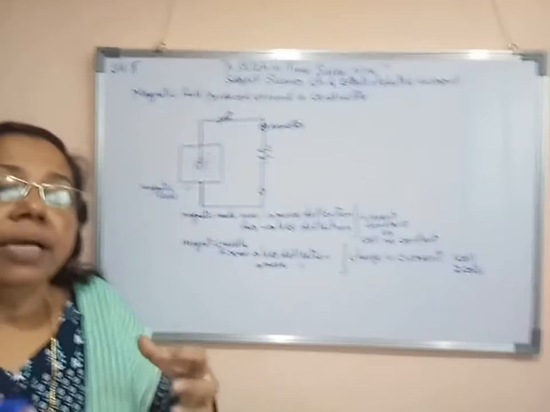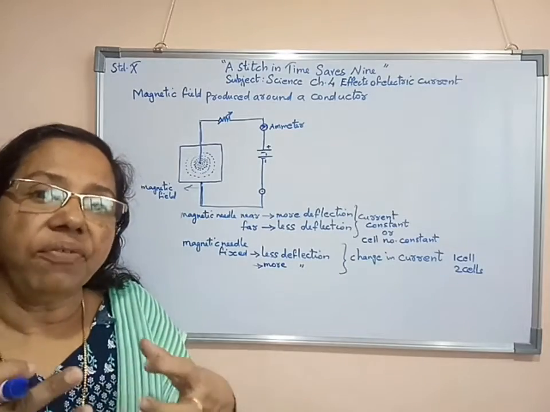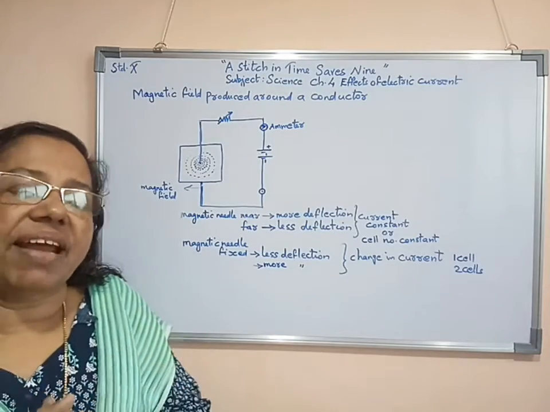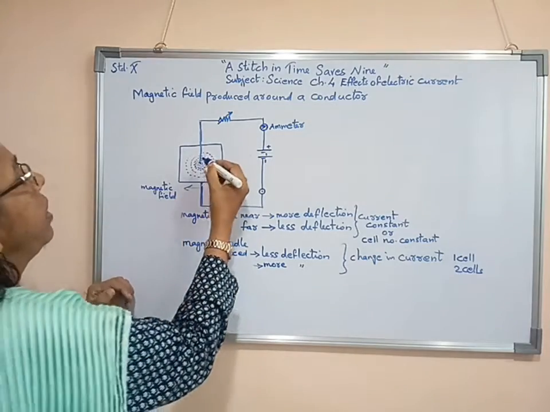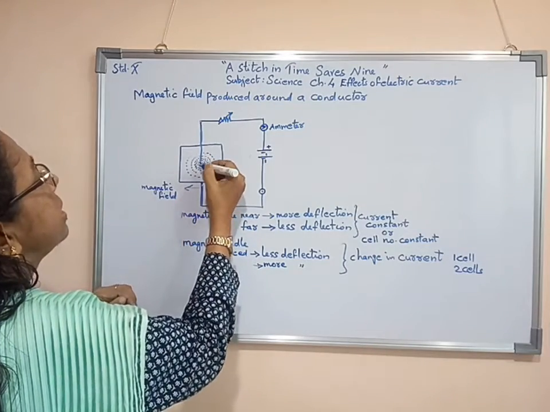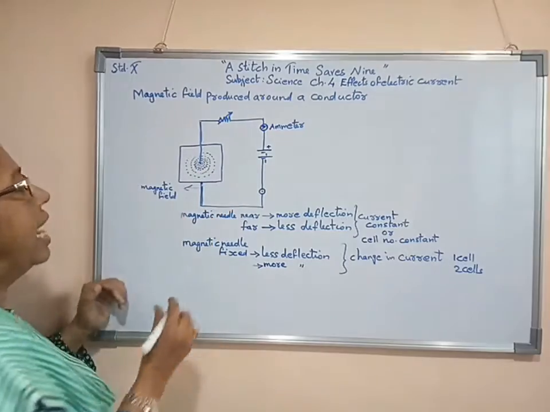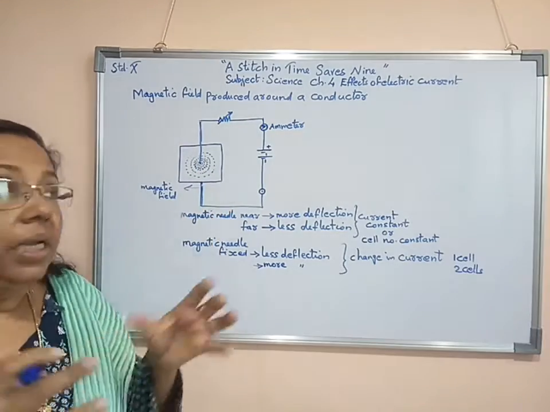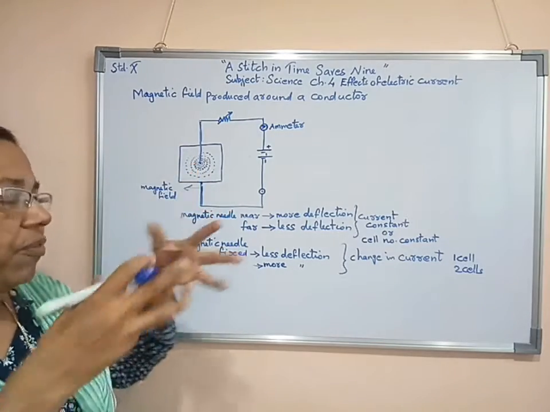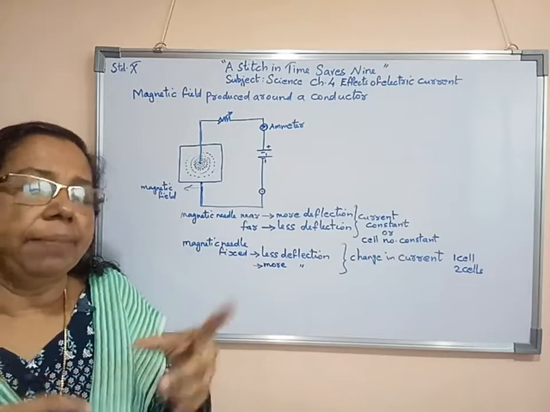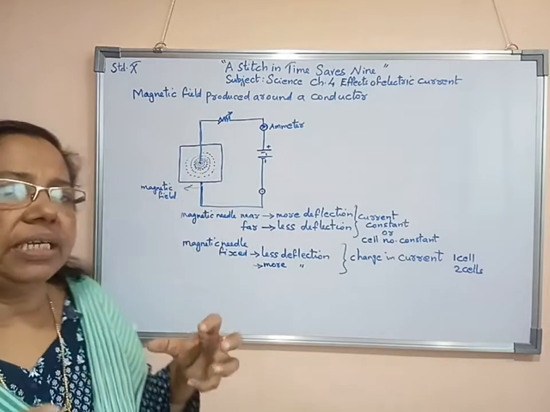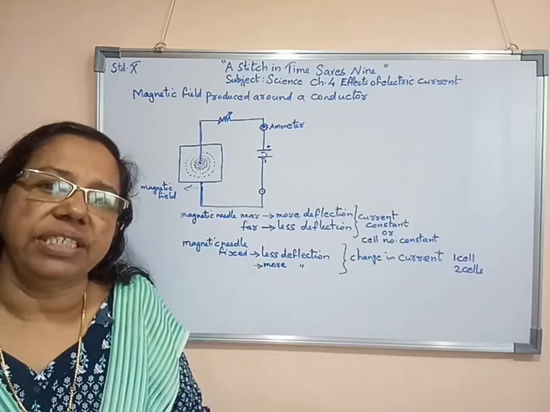So we can say that the magnetic field formation, or the pull, the attractive force between this copper wire and the iron filings is more if they are nearby. For far away iron filings, the magnetic field formation is less, or the attractive force is less.